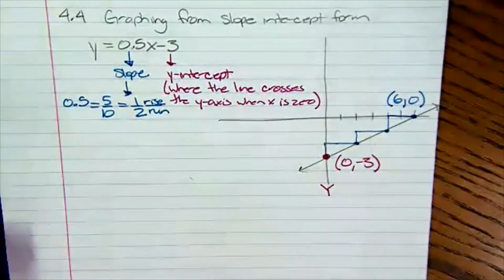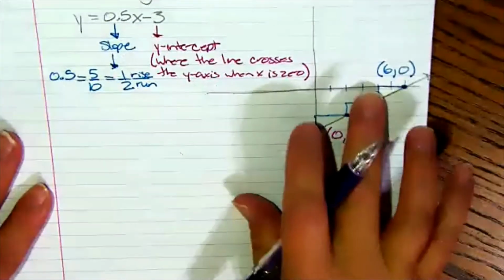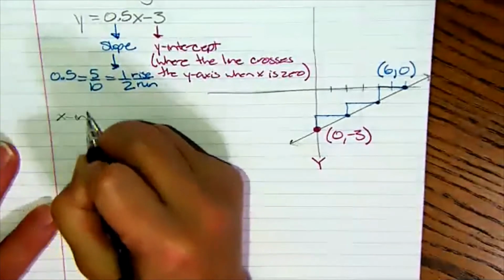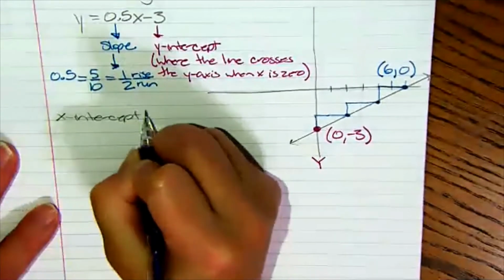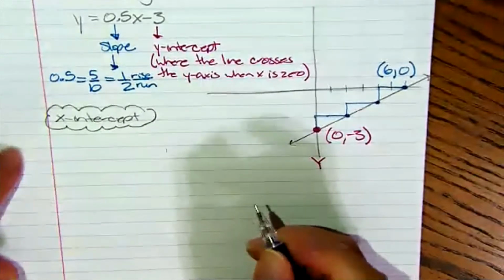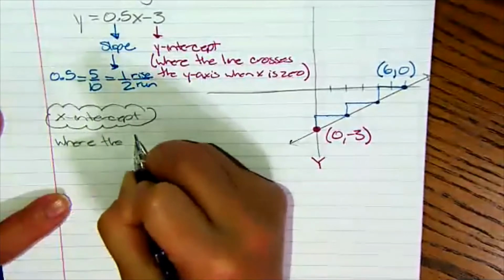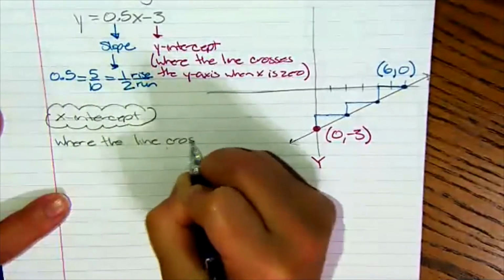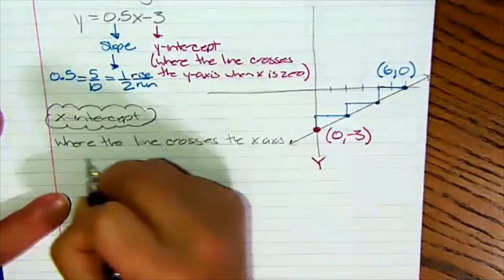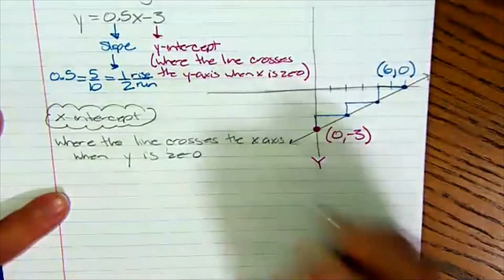Another way of finding the x-intercept, or to confirm that this is your x-intercept: the x-intercept is where the line crosses the x-axis when y is 0.